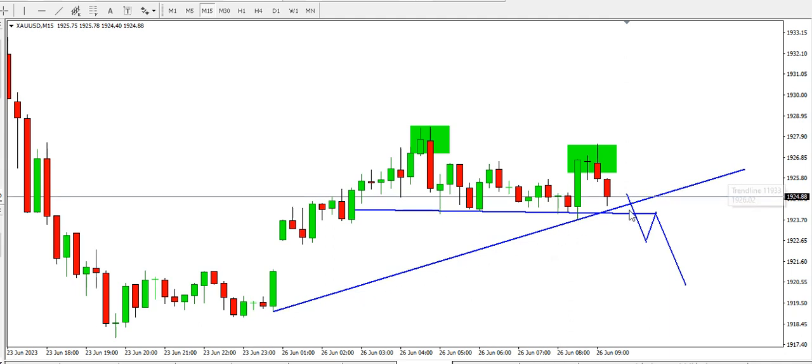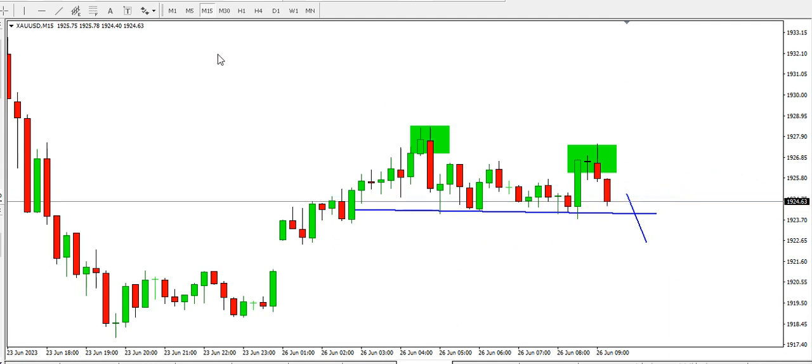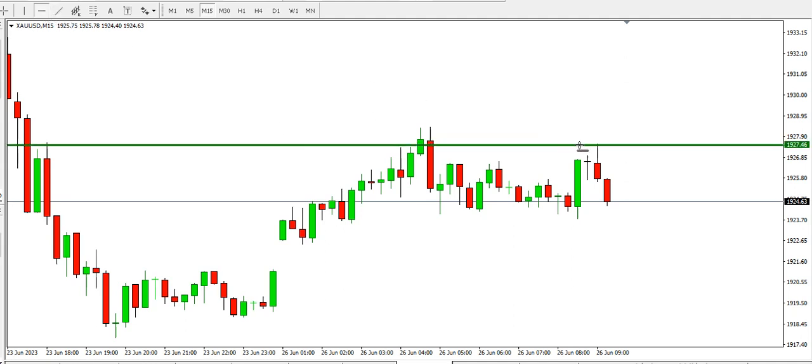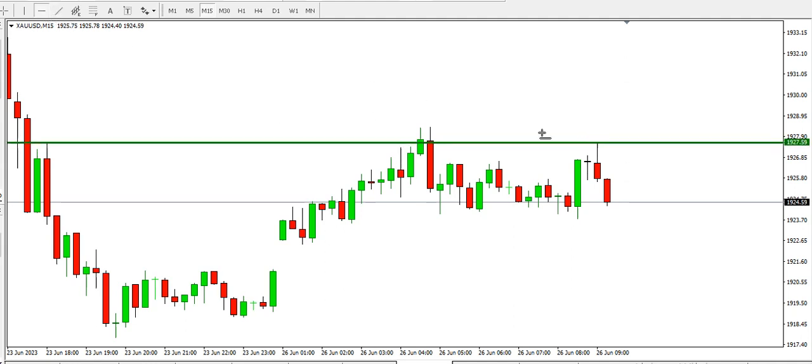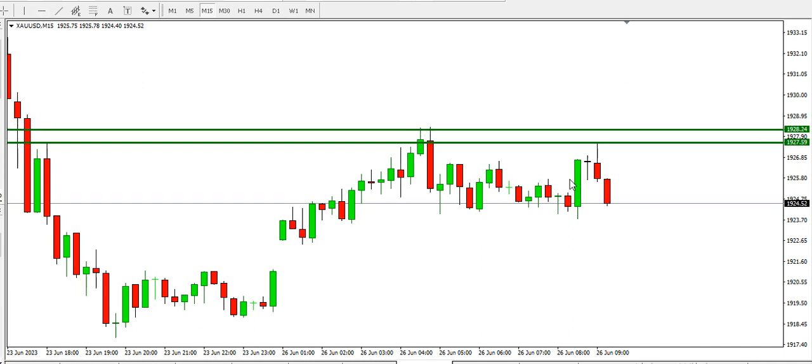If there is no break below the ascending trend line, I might advise that you wait for price to recover above this point and above this point for you to buy gold.